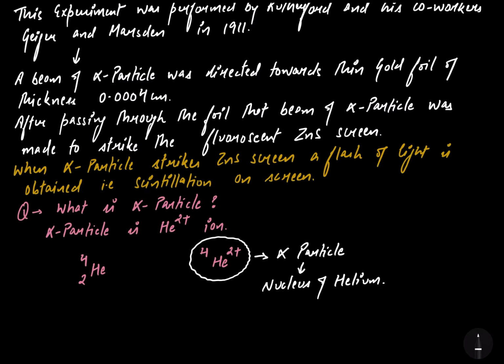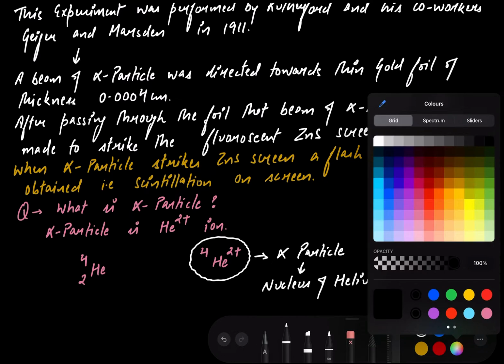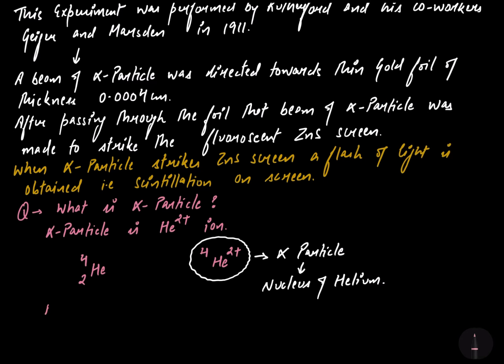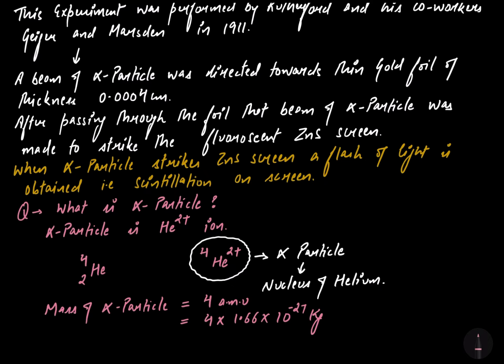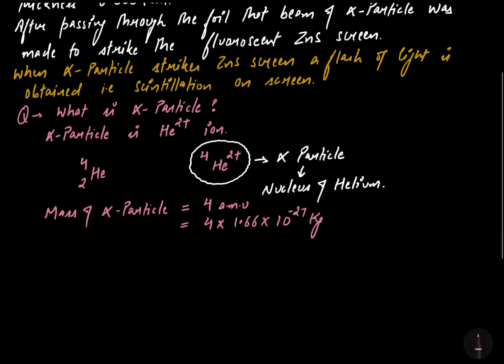Now let's talk about the mass of the alpha particle. It comes out to be 4 amu, that is 4 into 1.66 into 10 raised to the power minus 27 kilograms. And let's talk about the charge of the alpha particle.